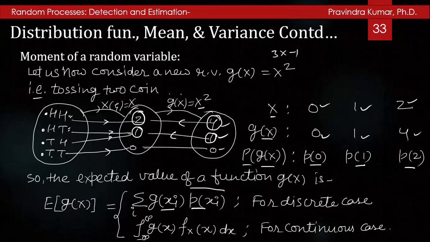Here p(xi) is not changing, because the probability at g(x) equal to 4 means the probability at x equal to 2. And for the continuous case, the expected value of g(x) will be the integral of g(x) into the PDF of random variable x, fx(x) dx.